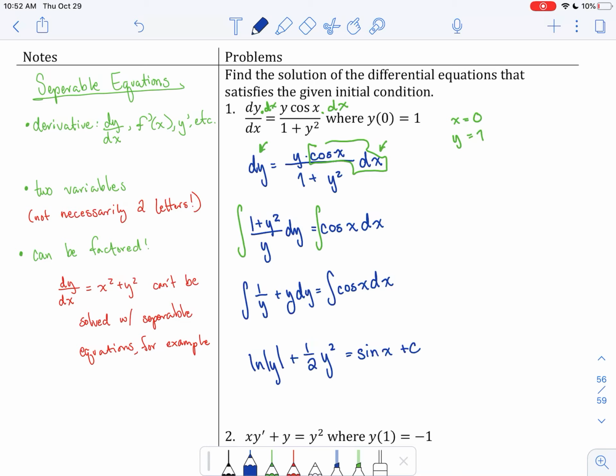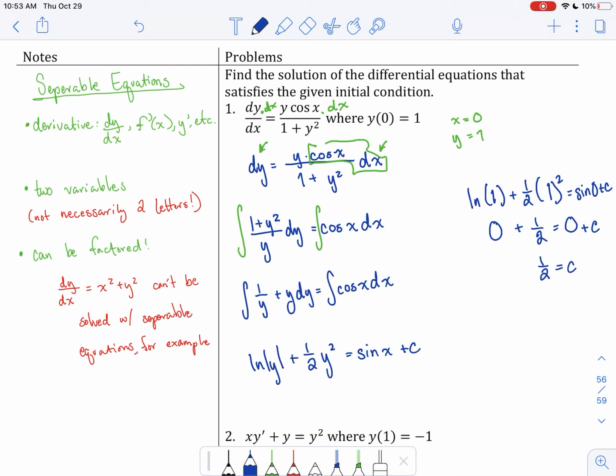So in order to find c, I'm going to say, well, the ln of 1 plus 1 half times 1 squared is equal to sine of 0 plus c. Ln of 1 is 0, this is plus 1/2, is equal to sine of 0 plus c. So 1/2 is equal to c.